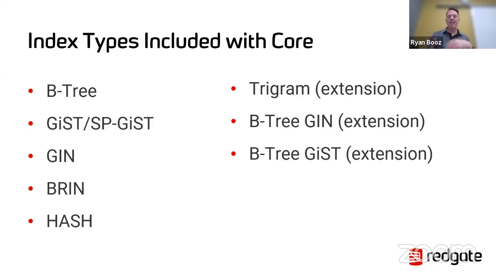And so again, they want you to choose to install that extension so that you know what you're doing and that you're gonna take that overhead. Otherwise, out of the box, we support btree and we support gist and spgist. We'll talk about them briefly as we go. Gin indexes, Brin indexes, and finally hash indexes. So without doing anything, if you have access to Postgres, you have access to these 6 index types.